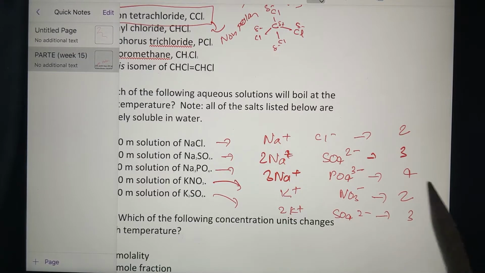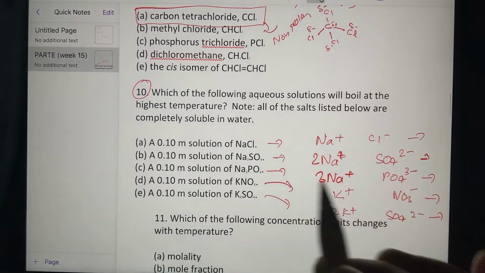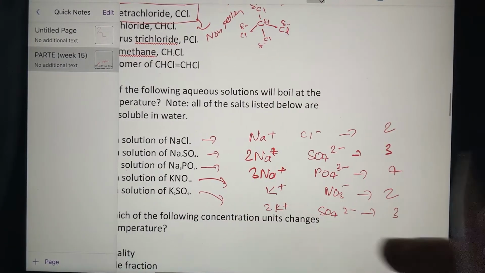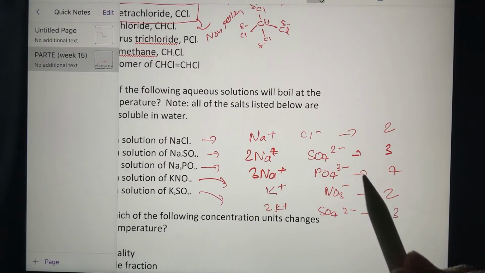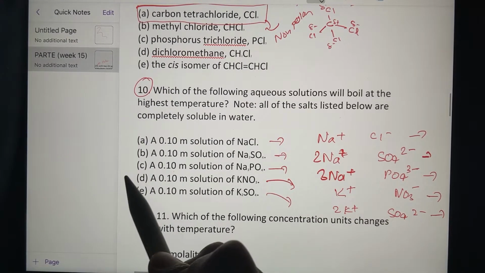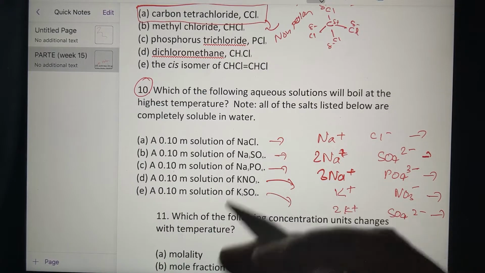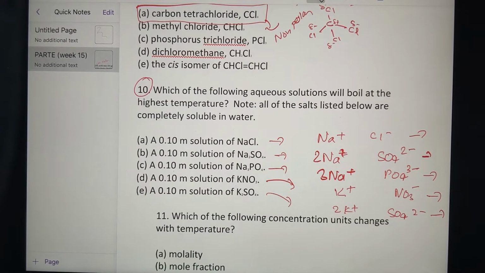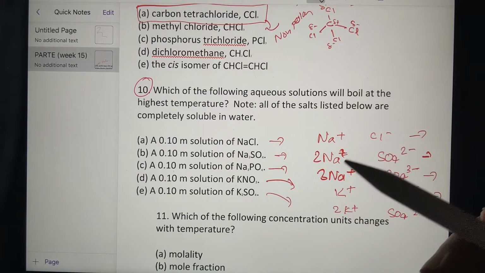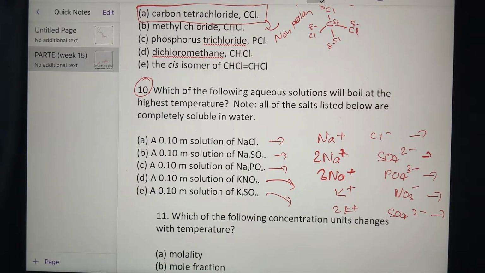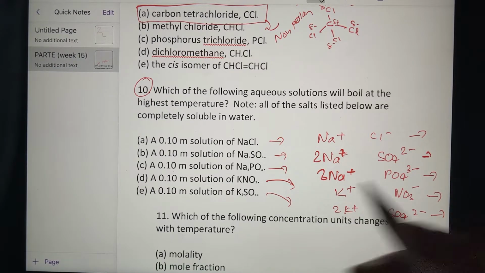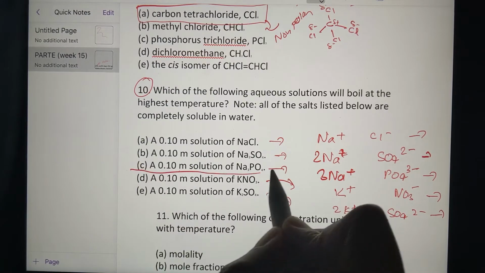So for the same concentration you have 4 ions for this case, which means the more ions you have in the solution, the more increase in the boiling point. So for this one, the C will be correct.